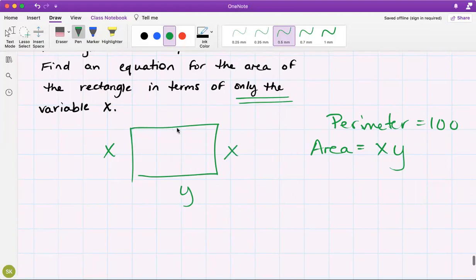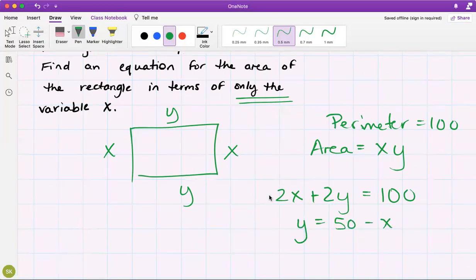So let's write all of the sides out. Notice the perimeter is going to be x plus y plus x plus y, which is 2x plus 2y. That is going to be equal to 100. And from that perimeter equation, you can solve for y. So if you move the 2x to the other side and divide by 2, you get 50 minus x, because I have 100 minus 2x, and then divide by 2, that halves everything.